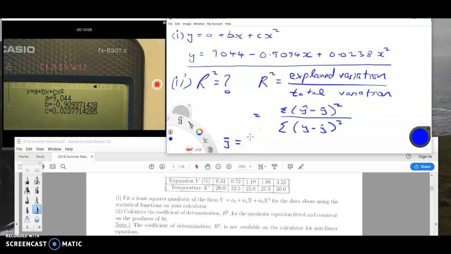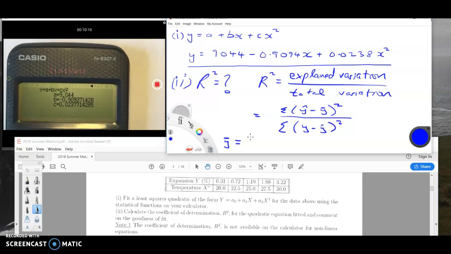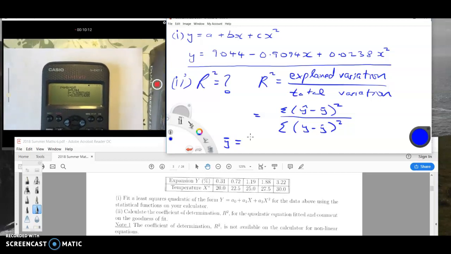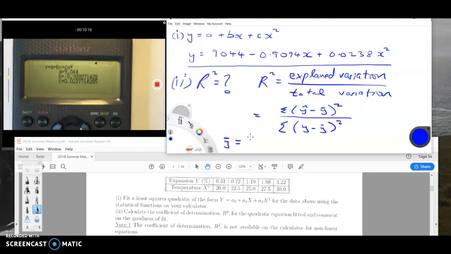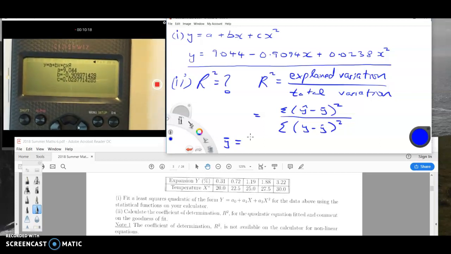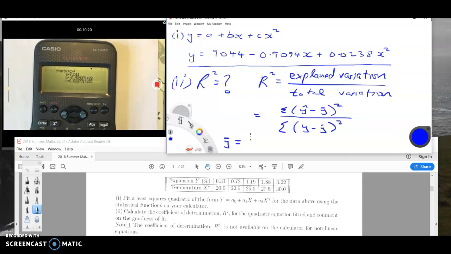So we press our option key again, and we see number 2 there, 2 variable calc, and we get some summary variables for x bar.